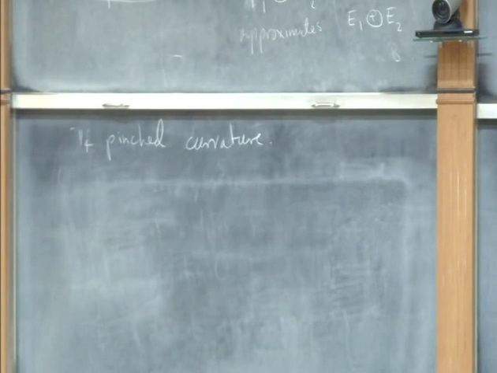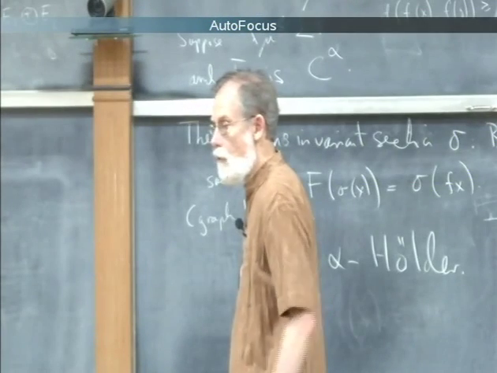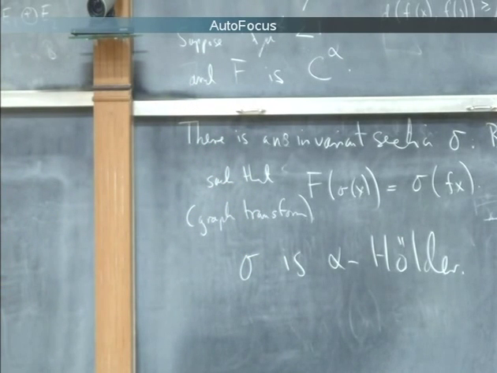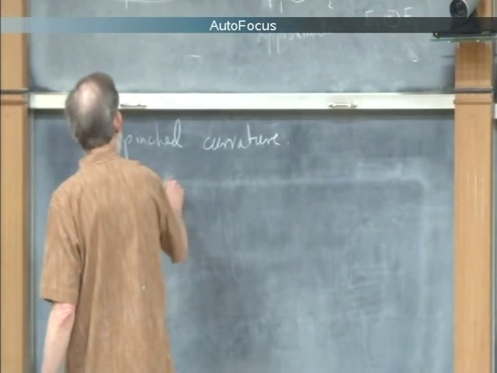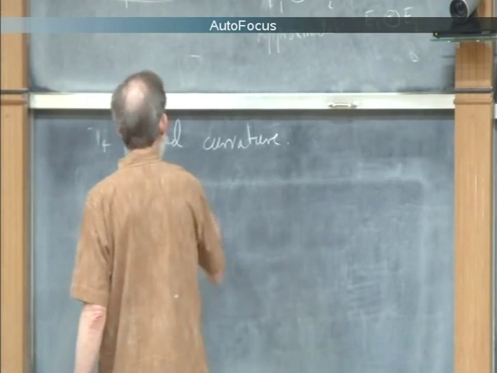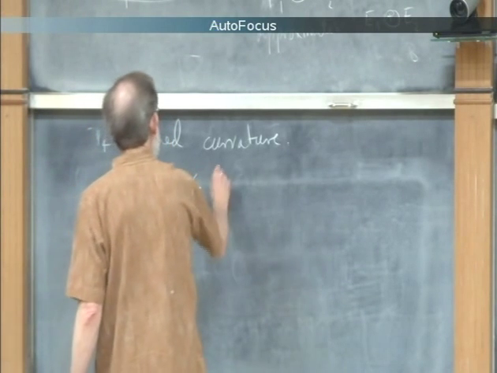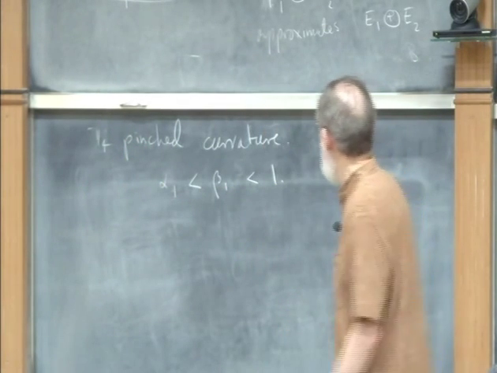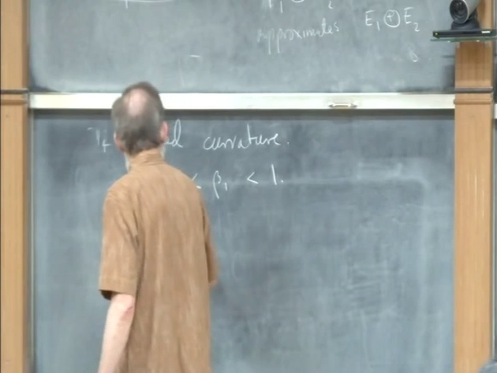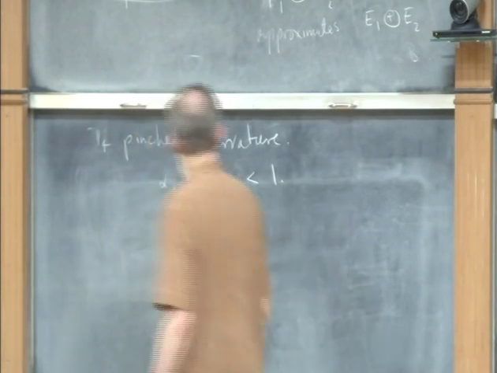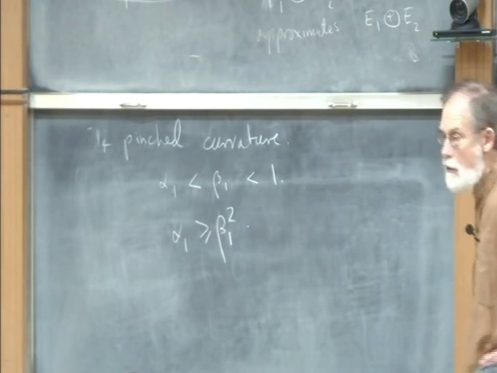So what happens if we have quarter-pinched curvature? Well, then it turns out that we have alpha 1 less than beta 1 less than 1, and alpha 1 turns out to be greater than or equal to beta 1 squared in that case.